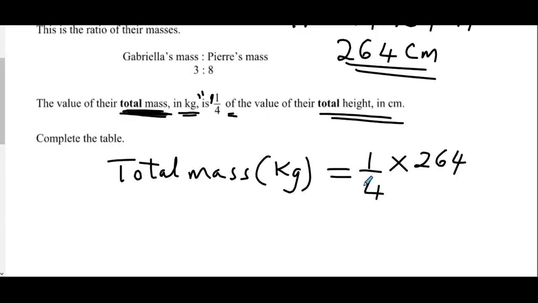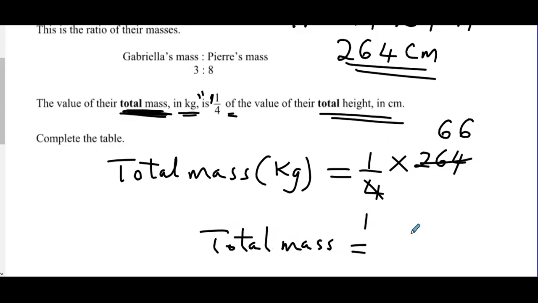When you simplify this by 4, 4 makes 24, by 4 that makes 1, and by 4 that makes 6. 6 times 4 is 24. Subtract that, and you get 66. So the total mass will be equal to 66 kg. That is the total mass of Gabriela and Pierre.